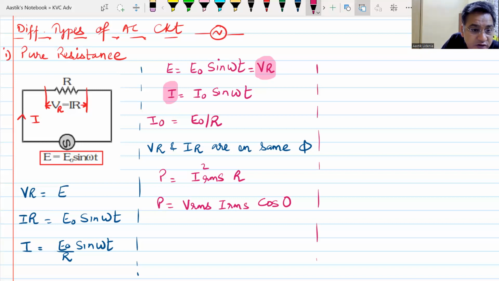Now, what is remaining is you will have to draw the phasor diagrams of this circuit. And how do you draw the phasor diagram of this circuit? Let me use this one.